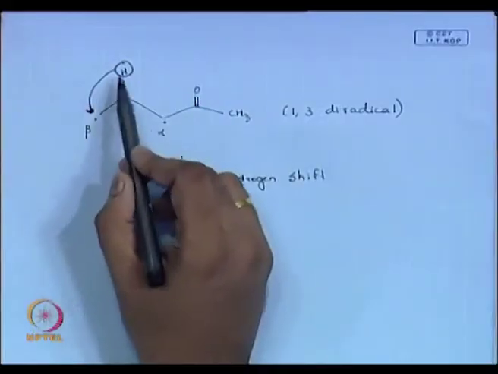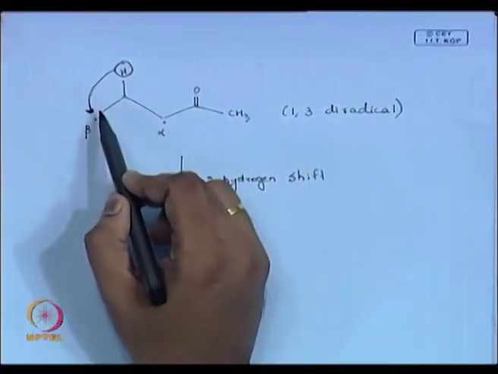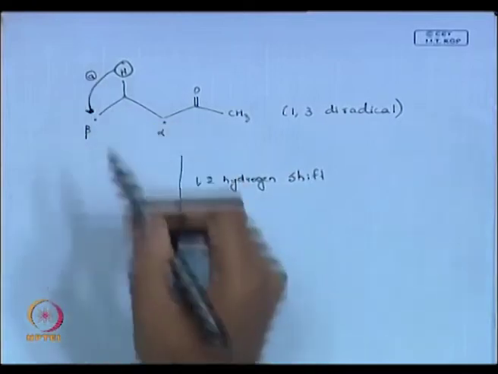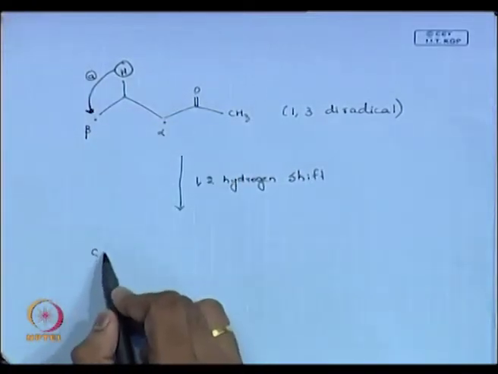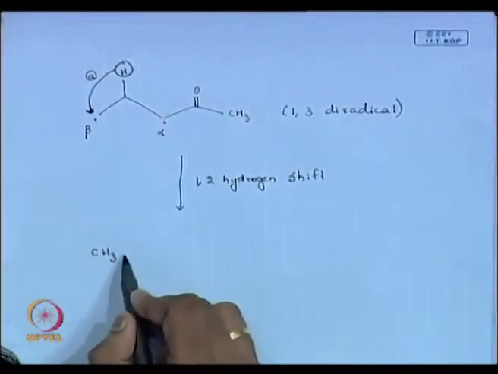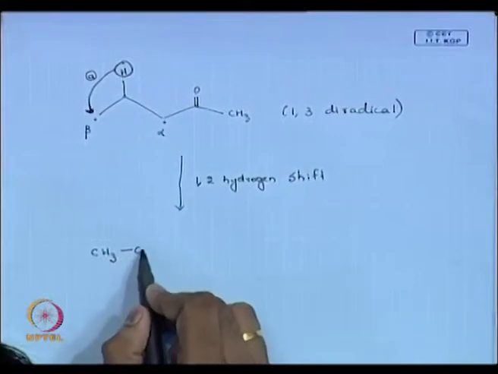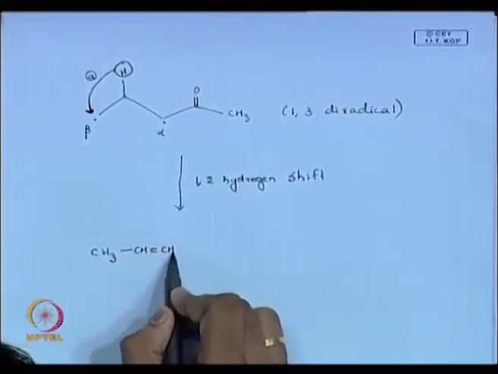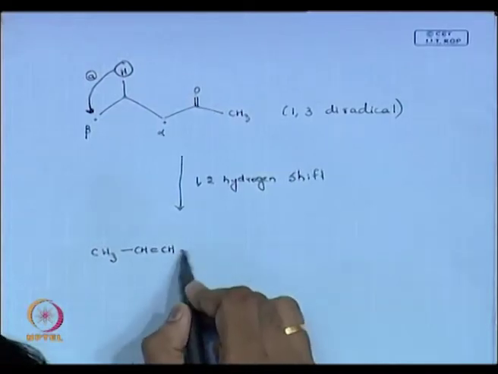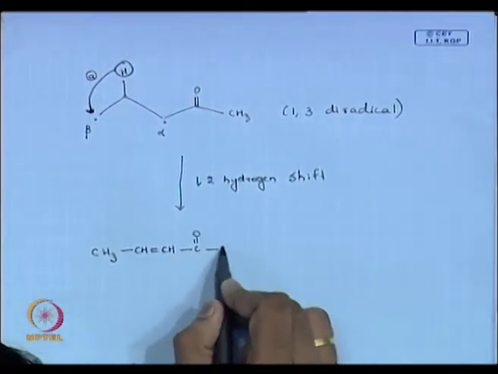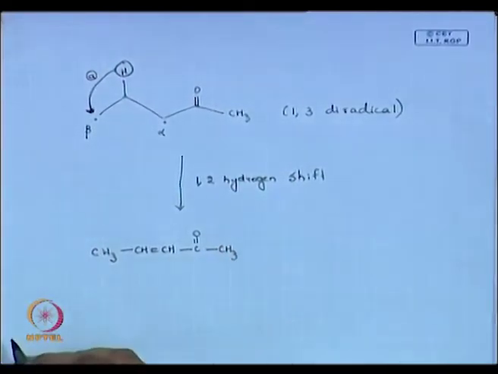If I shift this hydrogen, just a 1,2 shift, I call this A, then I will get a product like CH3, CH double bond CH. I will get a product like this, right.